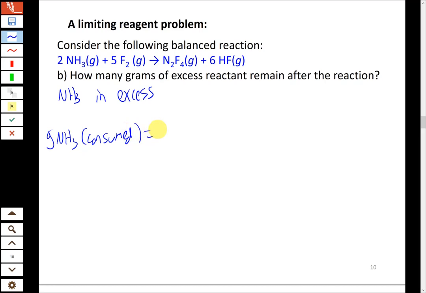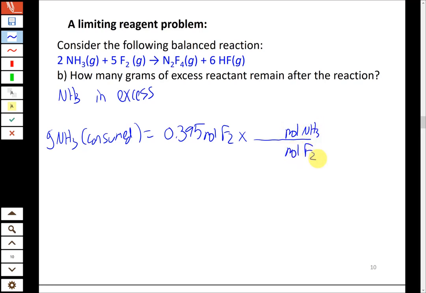As we said, we're starting with the same starting point, moles of limiting reactant. That's how many moles of F2 we have, and we're going to figure out how much NH3 reacts with that many moles of F2 using stoichiometry. This calculation doesn't look too much different, it's just using two reactants instead of a reactant and a product. So we're trying to figure out how much NH3 is consumed with that much F2.